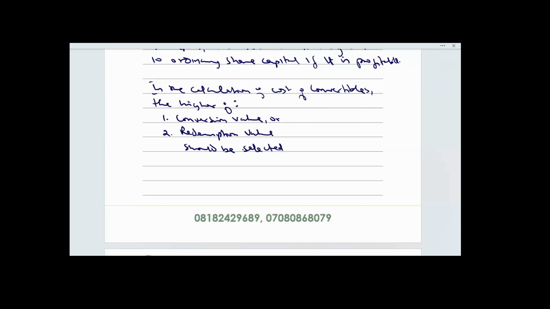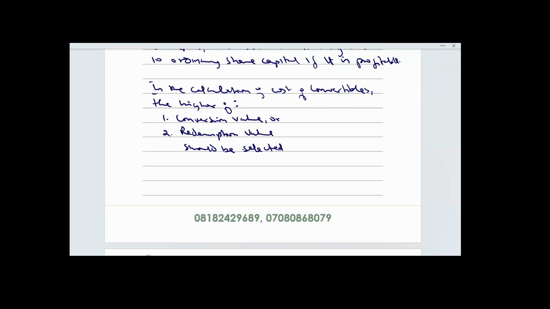Whenever you want to calculate cost of convertible securities, the same way you calculate internal rate of return, you are going to have fixed interest, you are going to have redemption value. You calculate present value of the fixed interest, you calculate present value of the redemption value. You add the two together, you less from the current market value, you have your NPV.